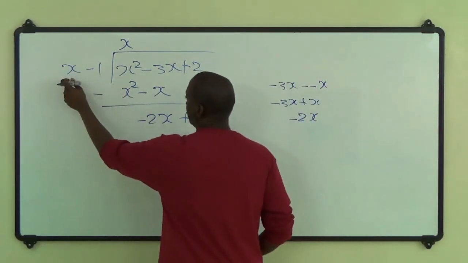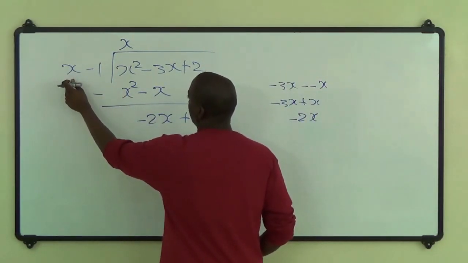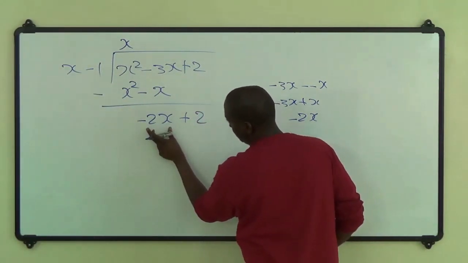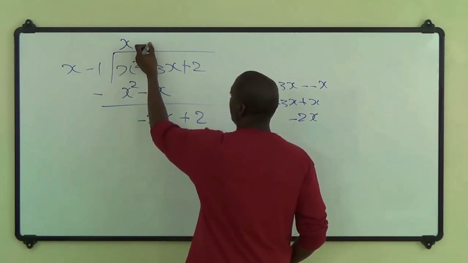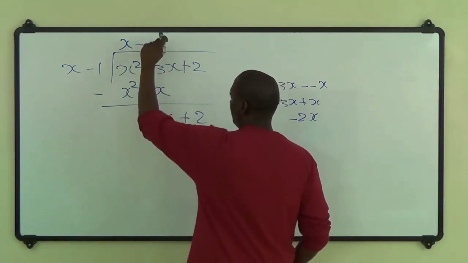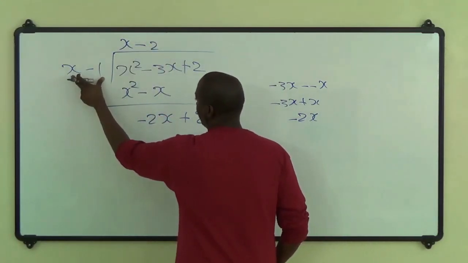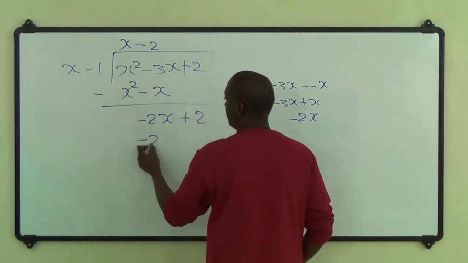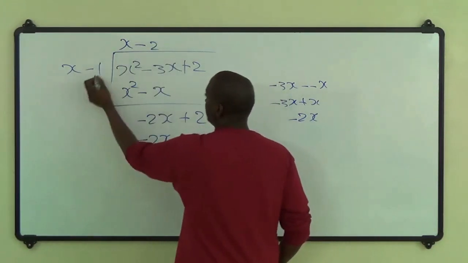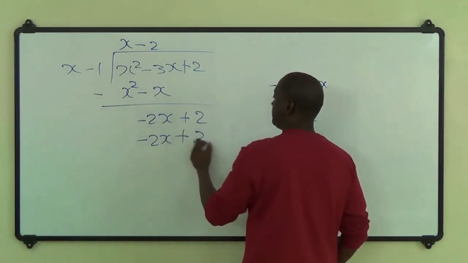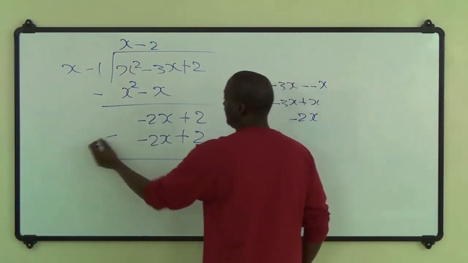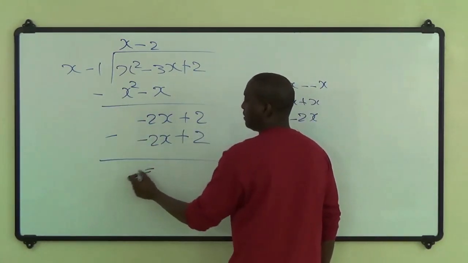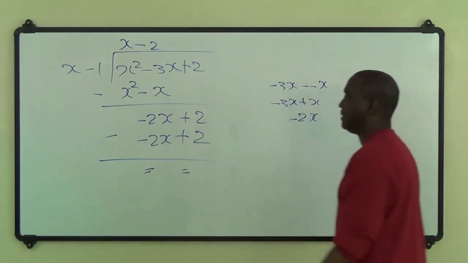So x into minus 2x is, watch it now, minus 2 into x minus 1 is minus 2 by x is minus 2x, minus 2 by minus 1 is plus 2. And you see the same thing on top as on the bottom, so you know immediately that when you subtract, you get 0 at the bottom here.